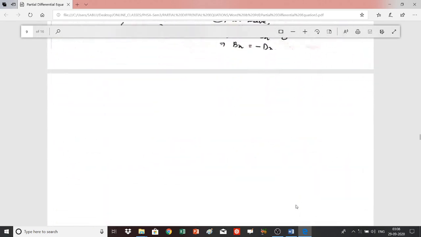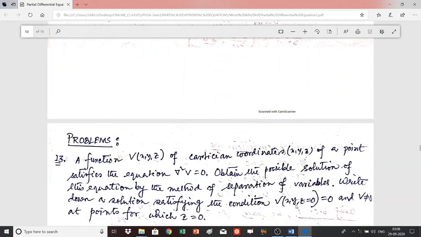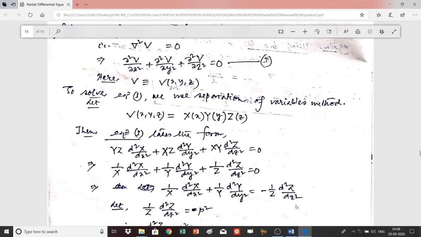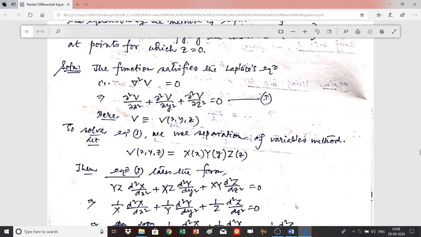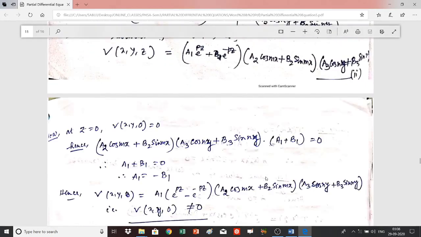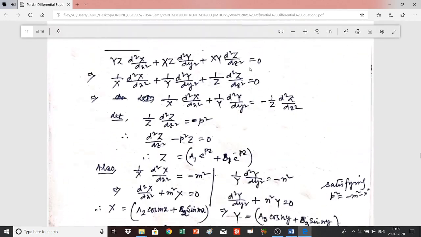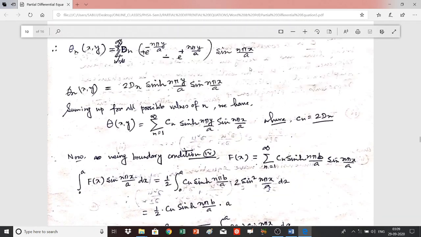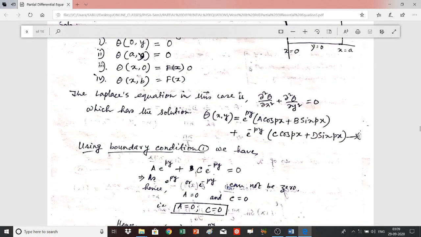Just do the same process that was given in equation number 13, complete the multiplication and take the constants as common, and you will get what is written here. So this is the solution.